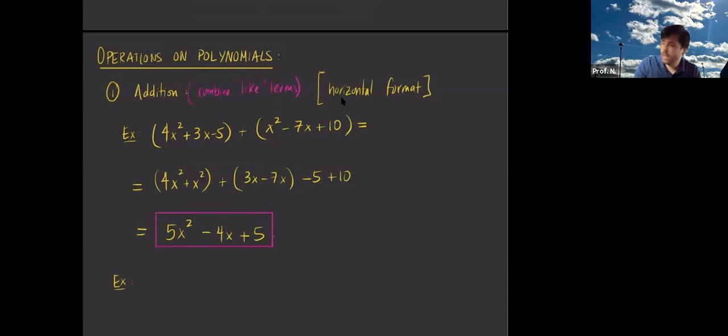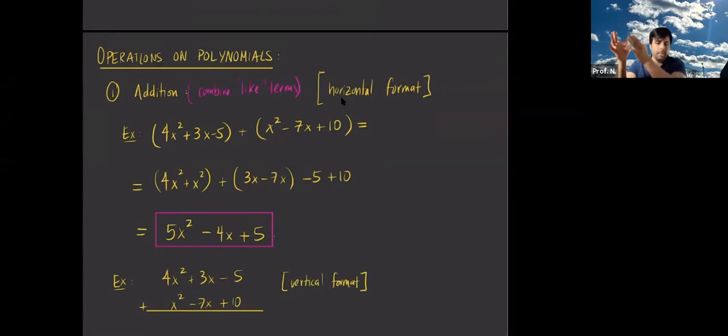So I'll use the same example, right? 4x squared plus 3x minus 5. Some people like putting them vertically. The reason why they put this vertically is because you start to notice, this is the vertical format, what do you notice?